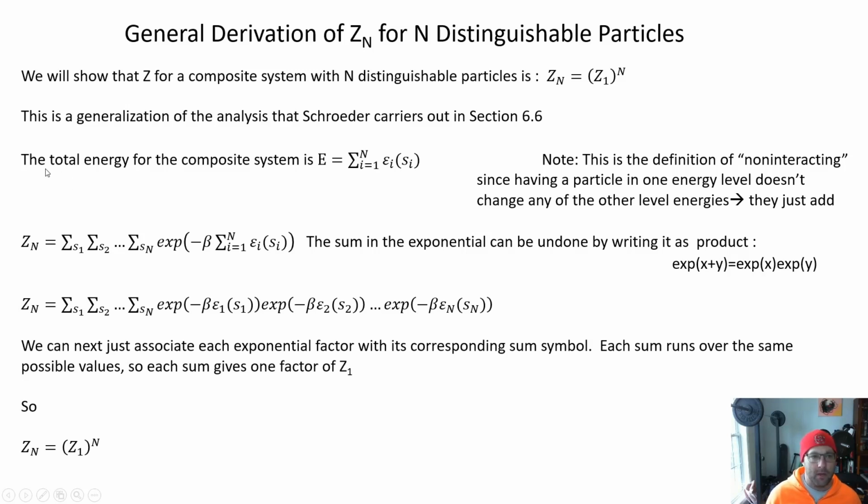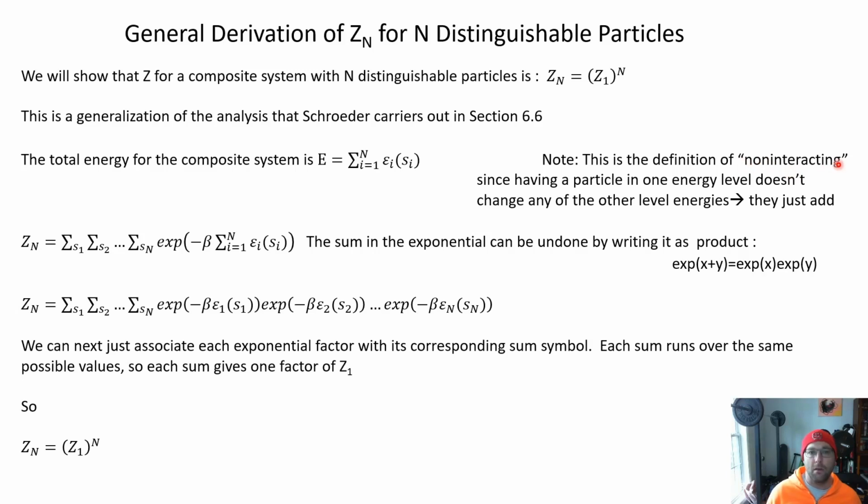Important point. The total energy of the composite system is just the sum of all the individual energies of the particles. So the ith particle has energy E sub i and is in level s sub i. It's important that this is essentially the definition of non-interacting. Non-interacting is not the same as distinguishable, by the way.